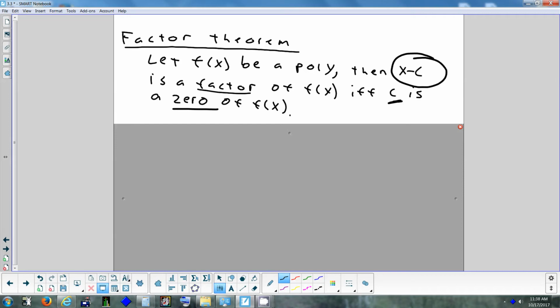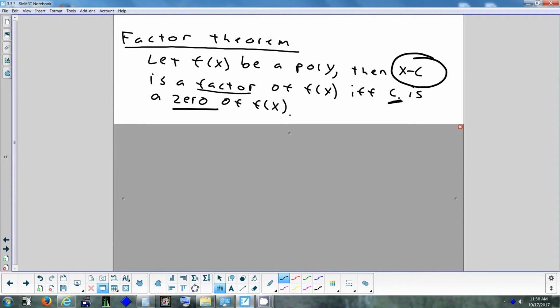Always. So what if I said to you, I'm thinking of a polynomial and 5 is a root? What would have to be a factor? Well, if 5 is a root or 5 is a 0, what would be a factor?